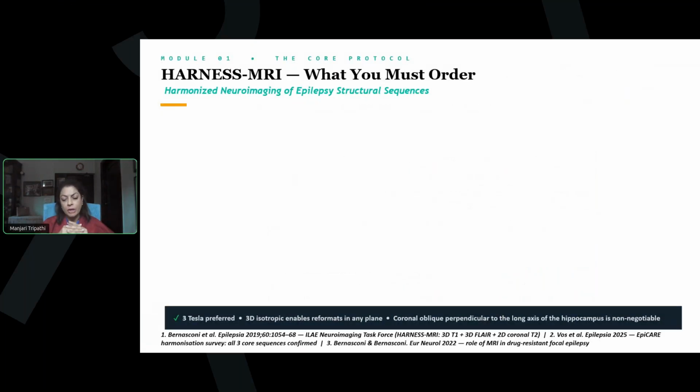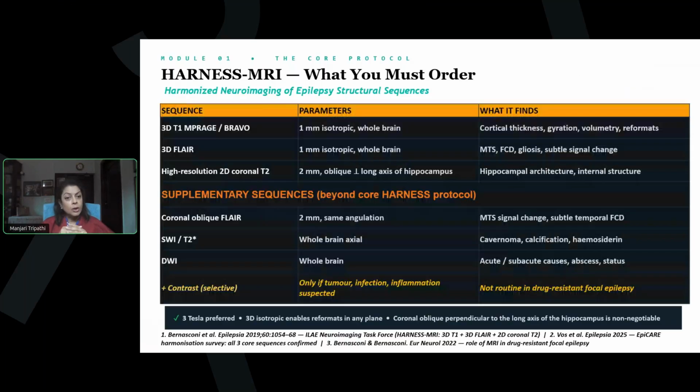Then coming next to the neuroimaging, we know the ILAE has laid down the HARNESS protocol, and it is good to stick to this HARNESS protocol because it has a 1 millimeter sectioning of the brain with the 3D FLAIR and T1 MPRAGE images and high resolution T2, which is about 2 millimeters.